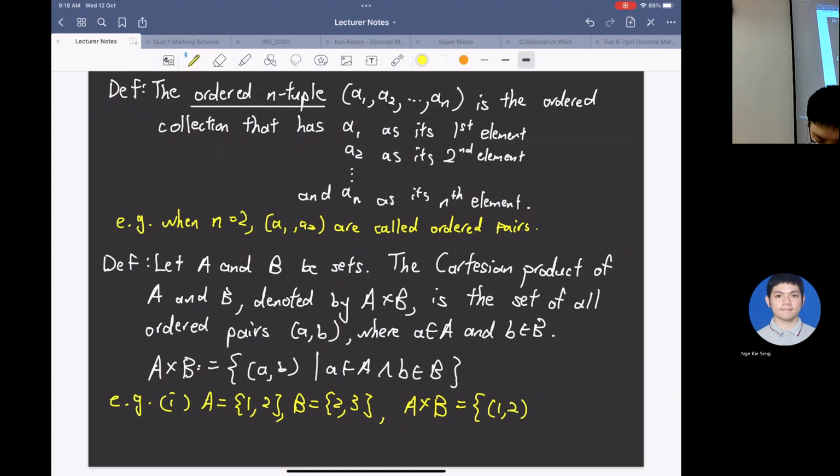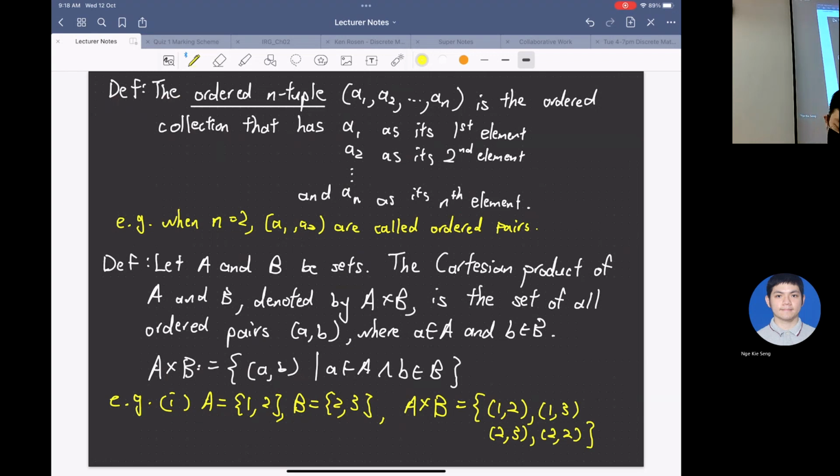You got (1, 2), for example. You can take one in A, take one in B. So I take one in A, take one in B. Then (2, 1), (3, 2), and then (2, 3), (2, 2). Yeah, take one in A, take one in B.